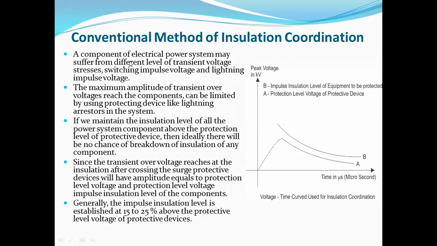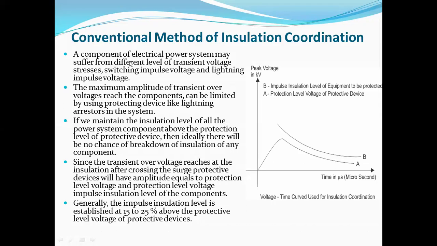Since the transient overvoltage reaches the insulation after crossing the surge protective devices, when the transient voltage reaches the insulation after crossing the surge protective devices, of course there will be a surge arrester, and it will have an amplitude equal to the protection level.